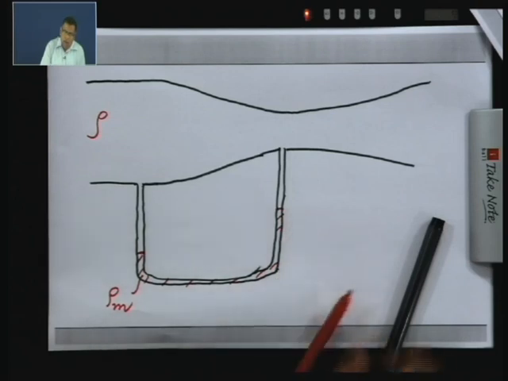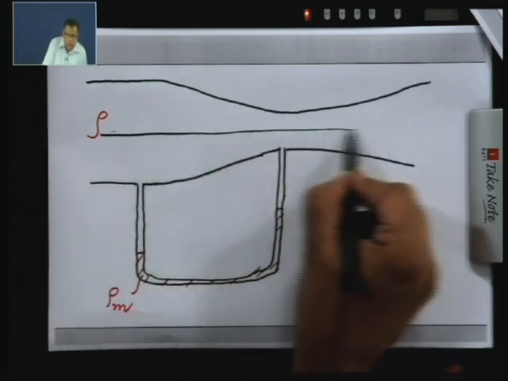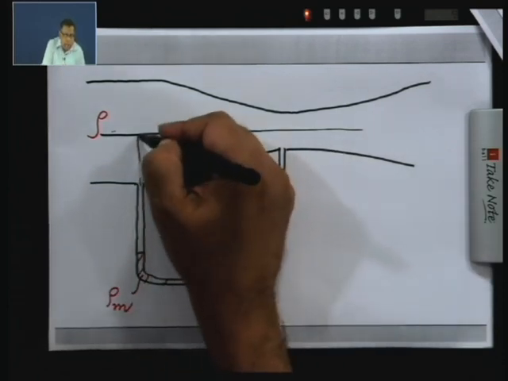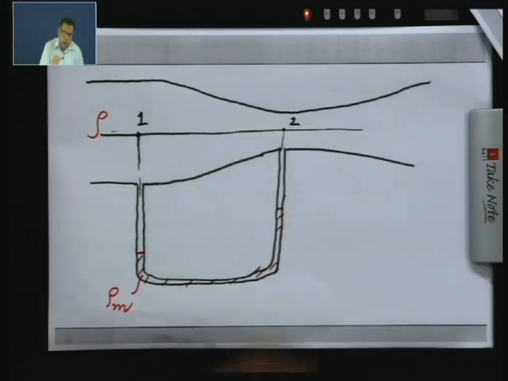Now, what we wanted was the difference in pressure along the horizontal streamline, which is the center line of the pipe, and this point, if I extend this line vertically upwards, is what we call 1, and this point, if I extend vertically upwards, is what we will call 2.